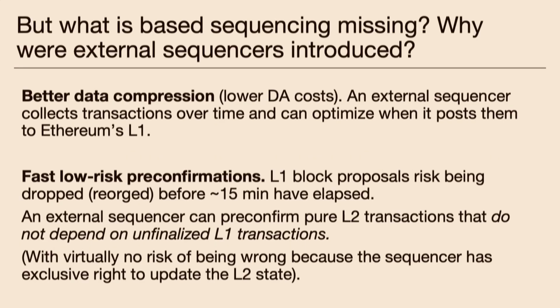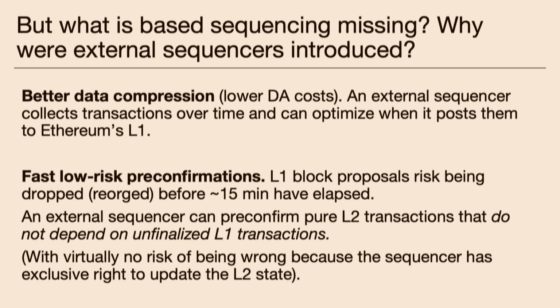So this sounds all great, but what is base sequencing missing? Why were external sequencers introduced in the first place? Well, number one, better data compression, which ultimately translates to lower data availability costs. An external sequencer collects transactions over time and can optimize when it posts them to the Ethereum L1. And also fast, and what I'll emphasize is low-risk, preconfirmations.